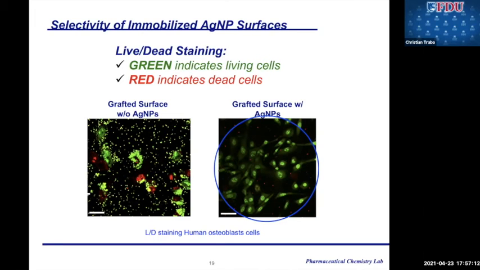In other words, we see live bacteria and dead tissue cells on grafted surfaces. Unlike the grafted surfaces, immobilized surfaces killed the adherent bacteria and allowed tissue cells to thrive. Tissue cells on immobilized surfaces were healthy and viable, allowing for proliferation.